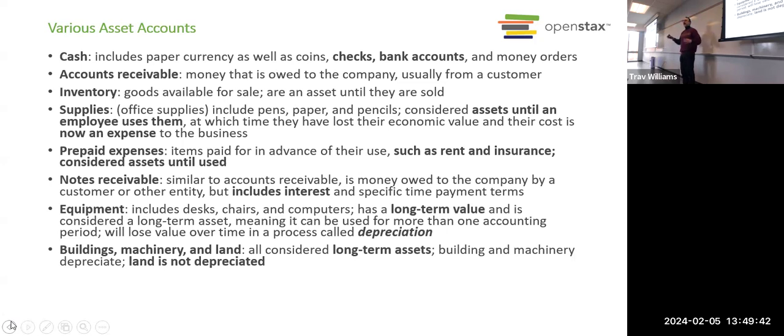So if I go out and I buy $100 worth of pencils, I don't have an expense. What do I have? Asset. I have an asset. It's something I own. Once I use the pencils, they become expenses.